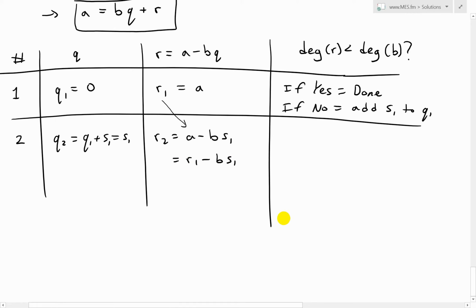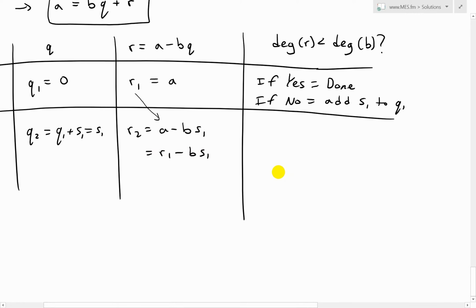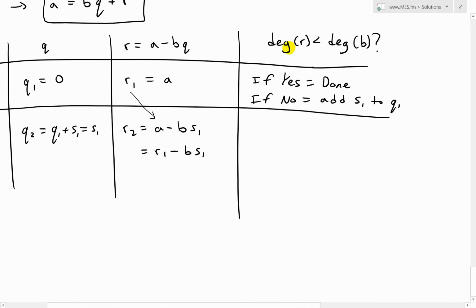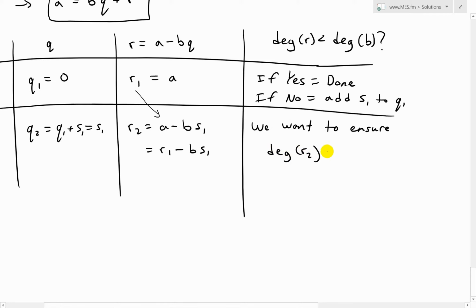So now that we have this subtraction, we need to make sure the degree of R is less than the degree of B, but we want to ensure that the degree of R2, the new R, the remainder 2, is less than the degree of remainder R1, so that it's always decreasing.